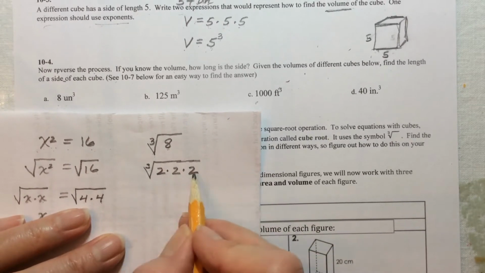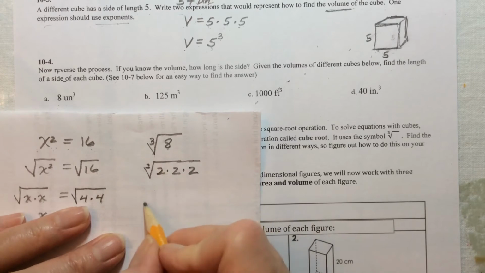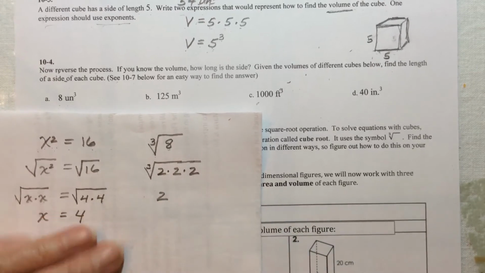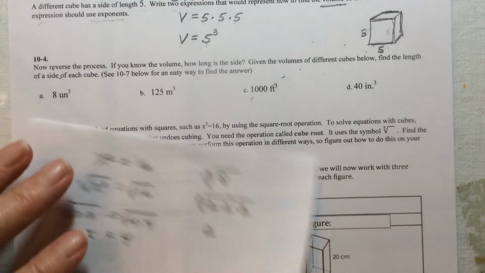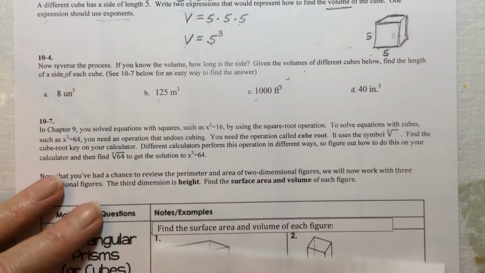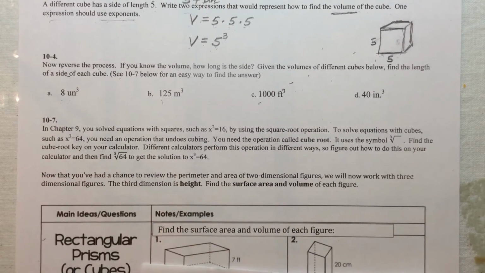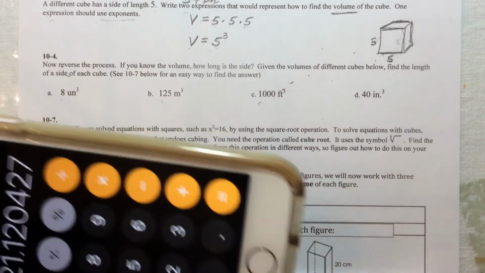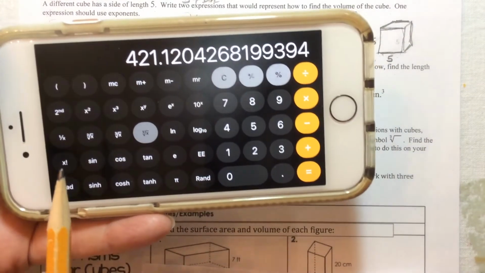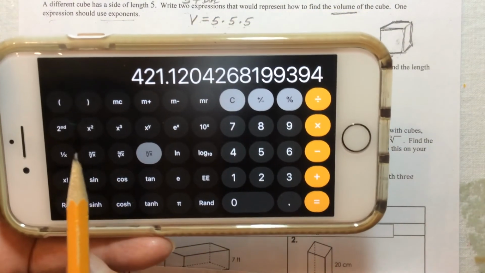So the cube root of 8 is just 2. So we can do that for all of these numbers. But just as with the square root, we have a special key on the calculator to do that.